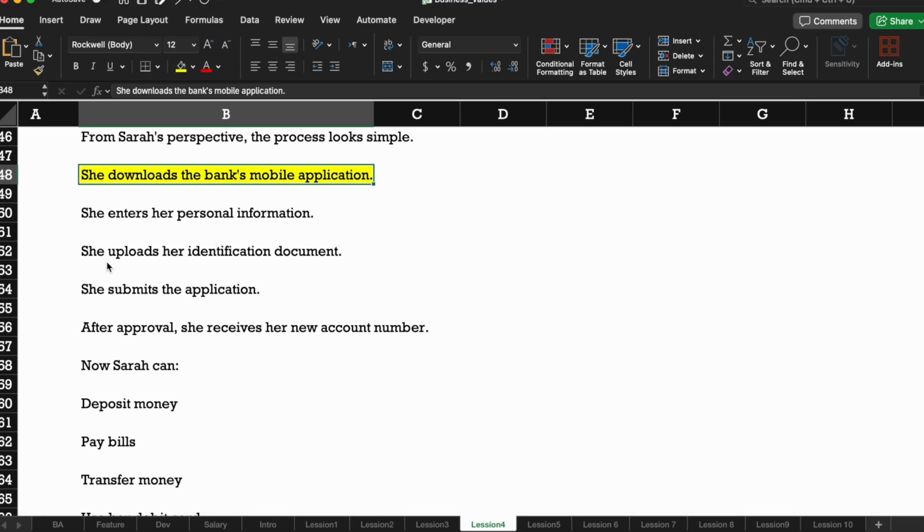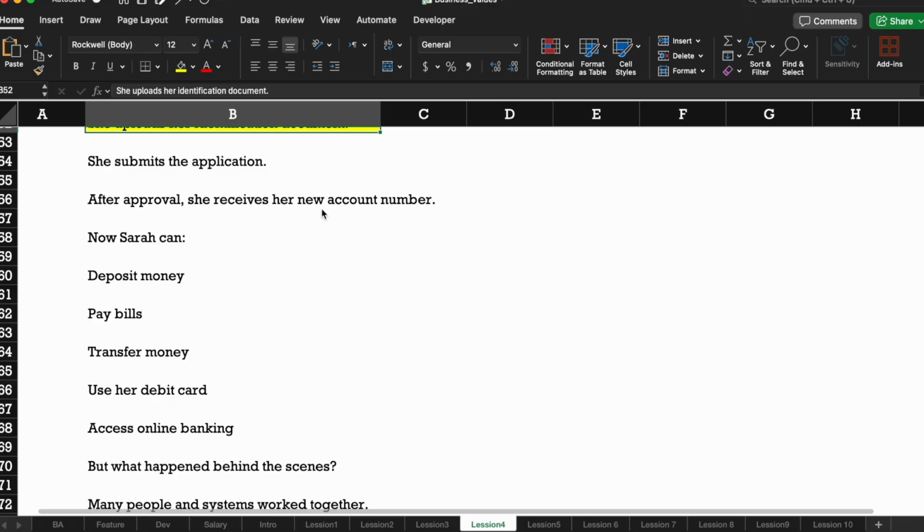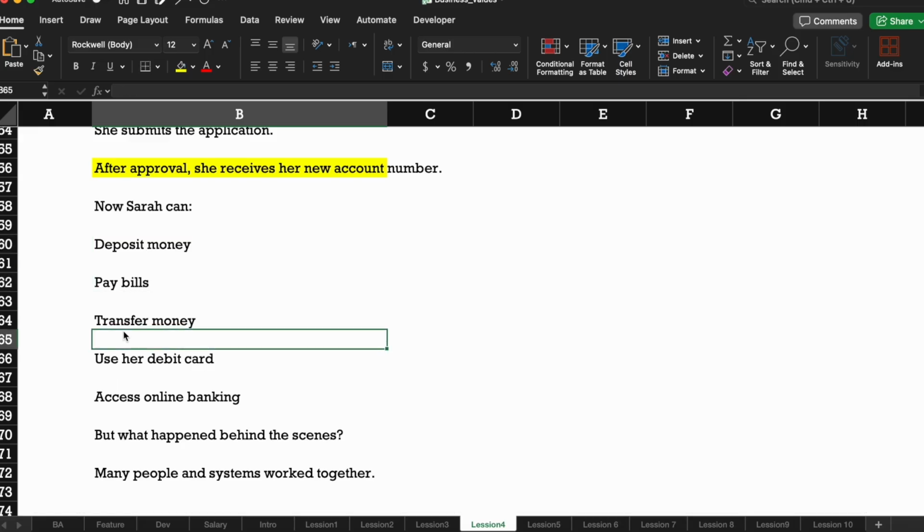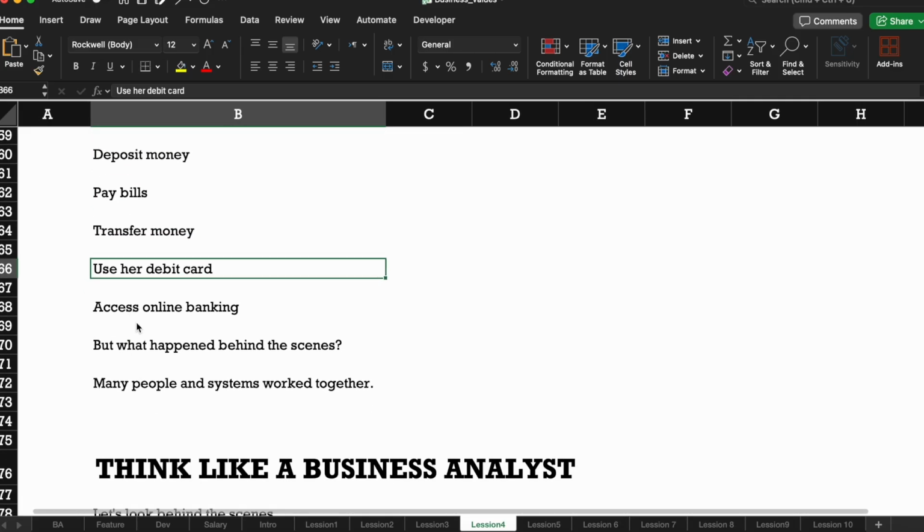She uploads her identification, like an ID card or a utility bill to verify the address. She submits the application. After approval she receives a new account number. Now Sarah can deposit money, pay bills, transfer money, use her debit card, and access online banking.